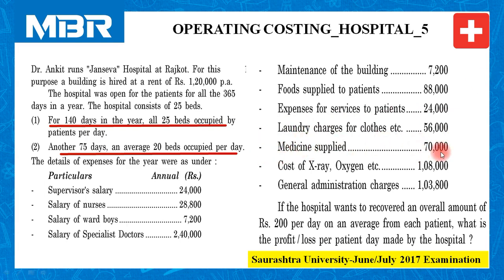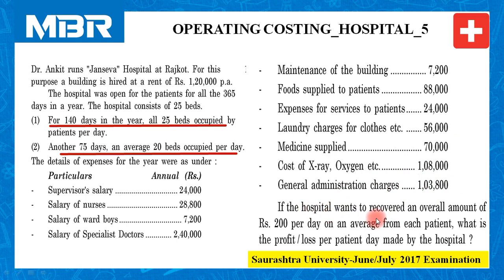Medicine supplied 70,000. Cost of X-ray, oxygen, etc. This is related to medical oxygen 1,08,000. General administration charges 1,03,800.